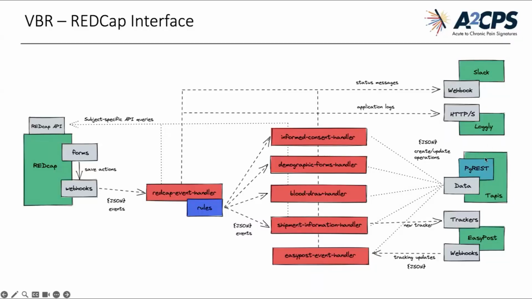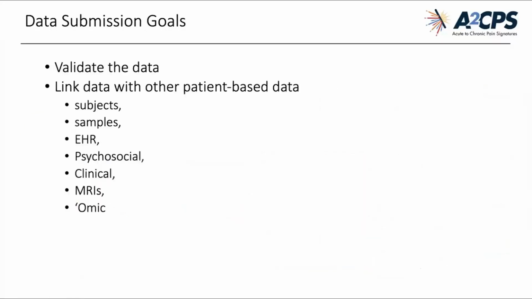We're using Postgres with an API on top of it. Also, whenever there's a new event or new shipment of biospecimens, we get a notification so that we can track it, so we know what's going on.